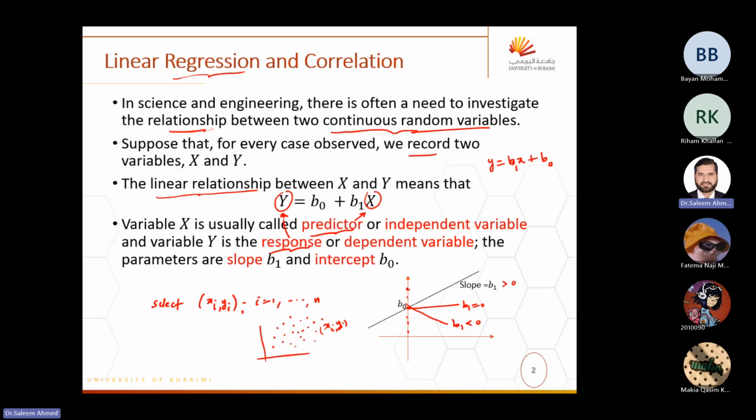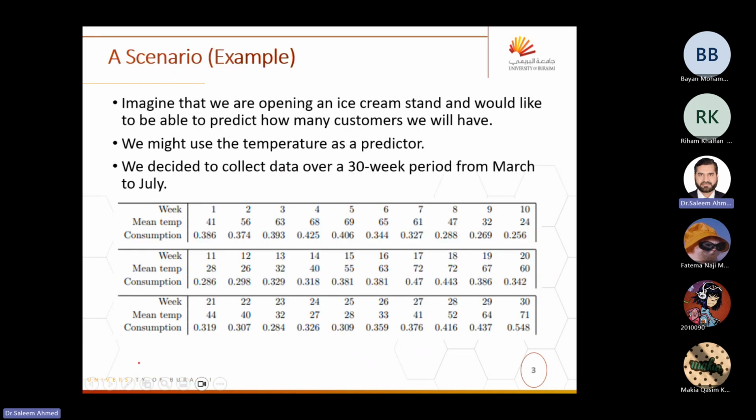Now, there may be a relationship between them. Let's say if I go to the next slide here, you see, let's say we consider an example where we want to open an ice cream stand, right? And we want to predict how many customers we will get if I open an ice cream stand, right?